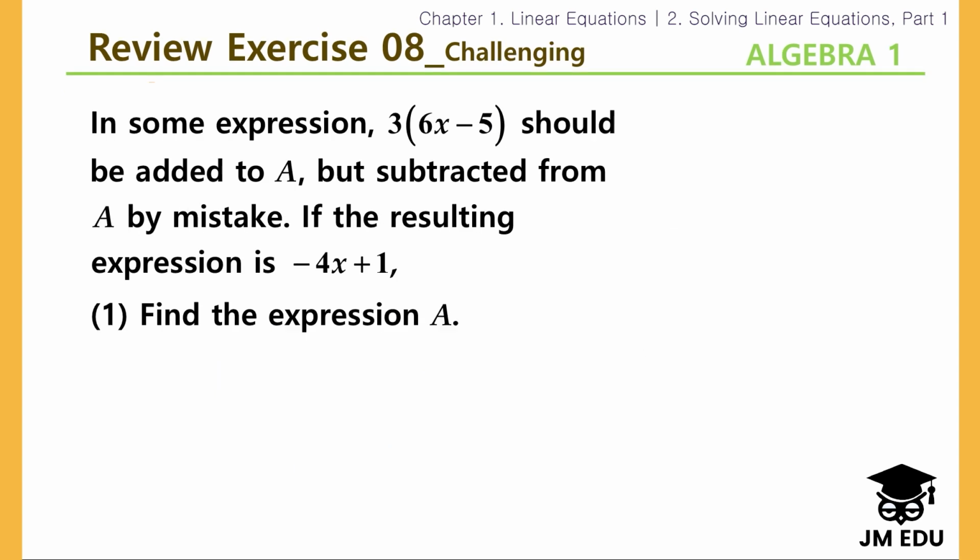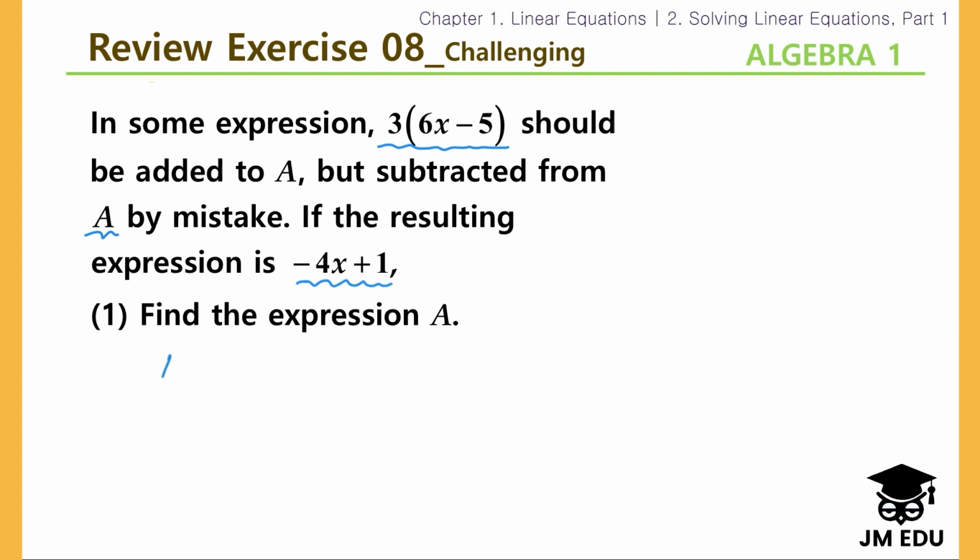Okay, number 8. In some expression, 3 times 6x minus 5 should be added to a, but was subtracted from a by mistake. When this expression is subtracted from a, the resulting expression is this. The question 1 is find the expression a. So when this expression is subtracted from a, the resulting expression is negative 4x plus 1.